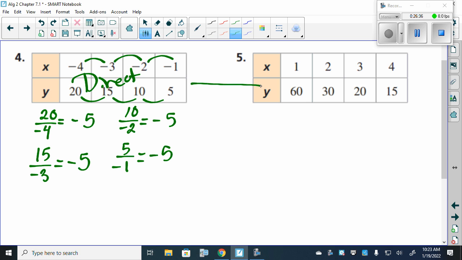Because if we look at graphically, we're more looking at a line like this. Because 20, 15, 10, 5, 4, 3, 2, 1. Just decreasing. And they're both decreasing, they're coming closer to 0. Okay.